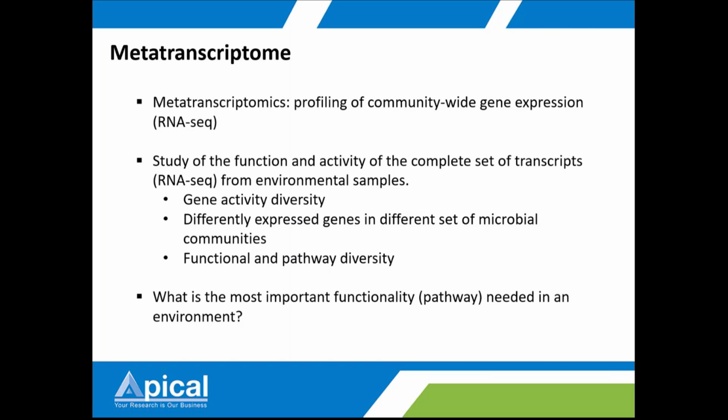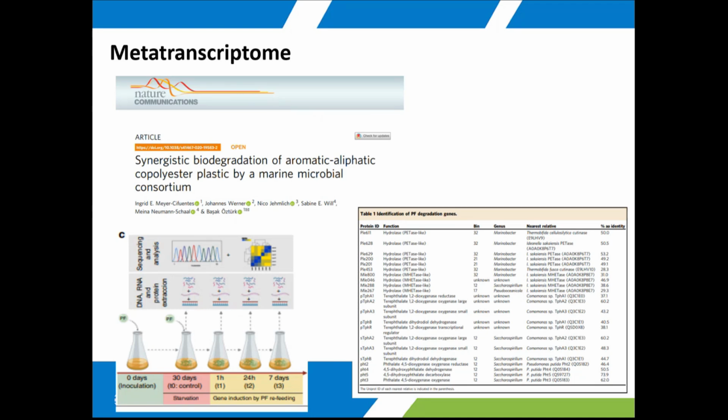One thing that makes metatranscriptome a very big advantage here is that using this approach, you can start to study what are the most important functional pathways needed in the environment, right? So just for example, this is one of the papers. There are many papers that have been published using a metatranscriptome approach.